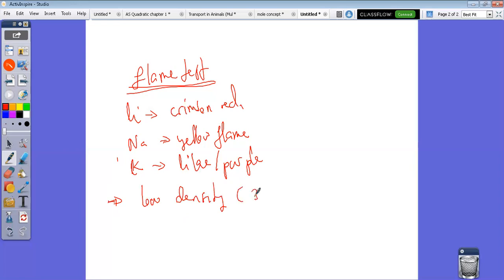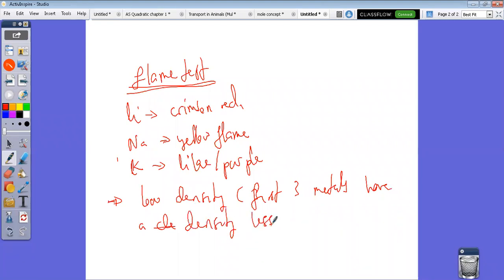You can write that the first three metals, lithium, sodium, and potassium, have a density less than water. What is the density of water? 1.